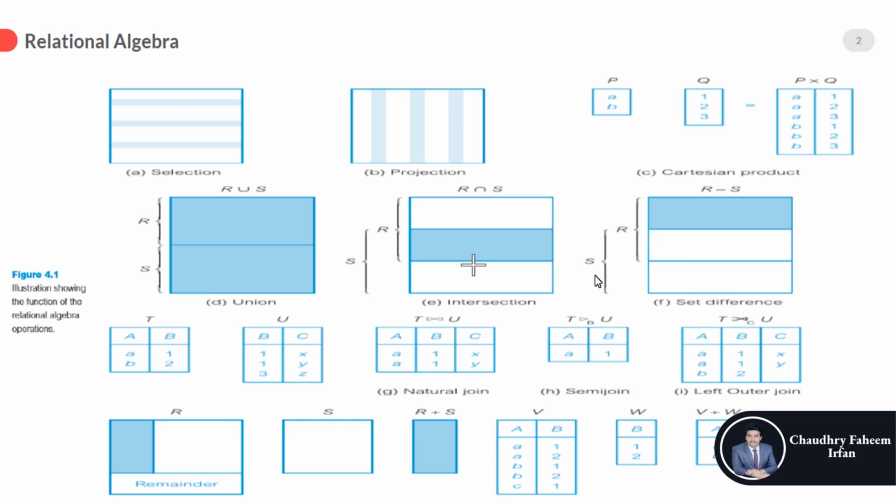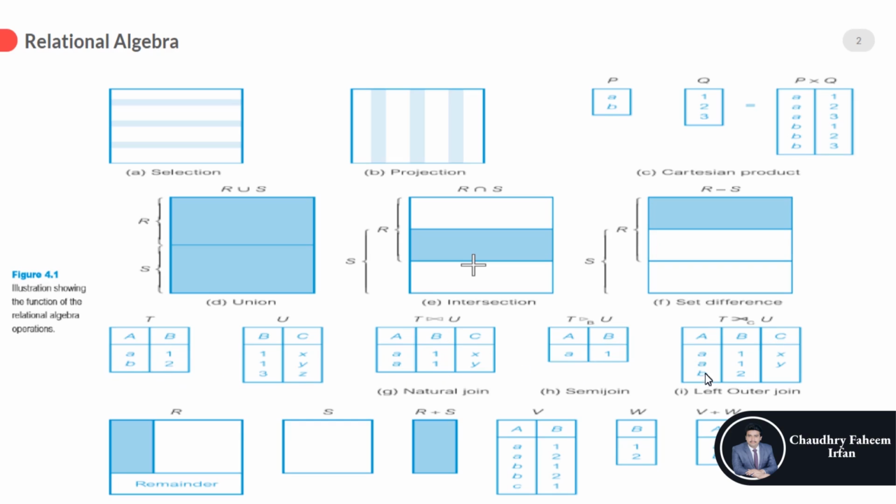By using semi join and projection operation we can select only A and B columns from T. So only A and 1 values that are from A and B attributes are selected in this table because only this record is available in the U table. By using joining and projection operation, we can select A and 1 value which is from T, and the result is here.